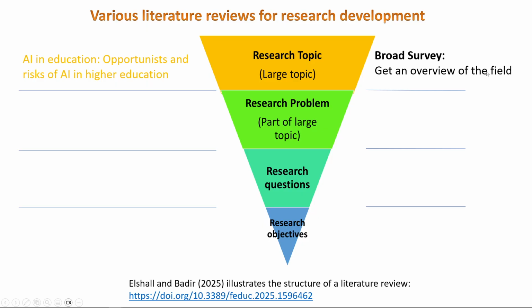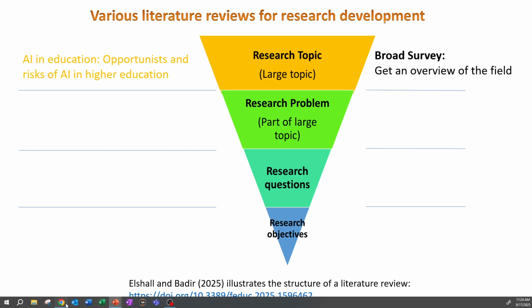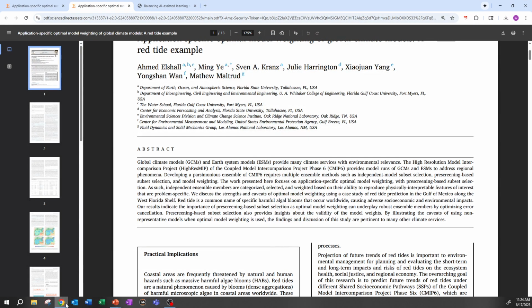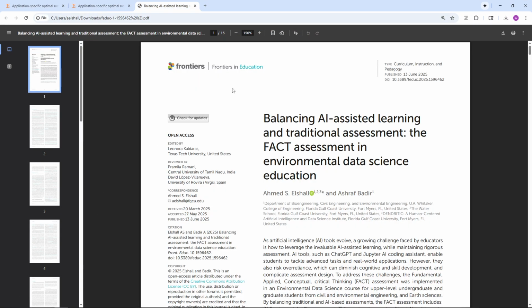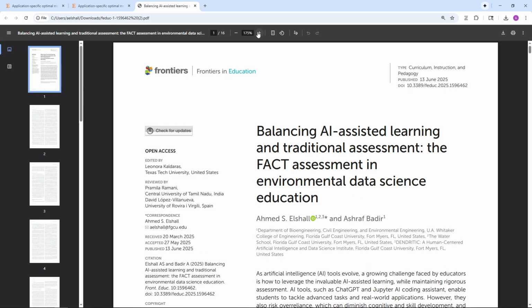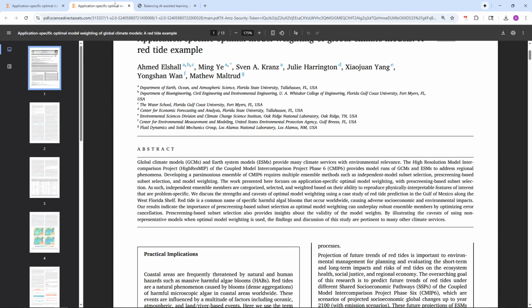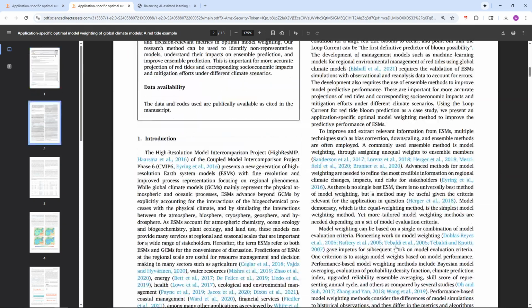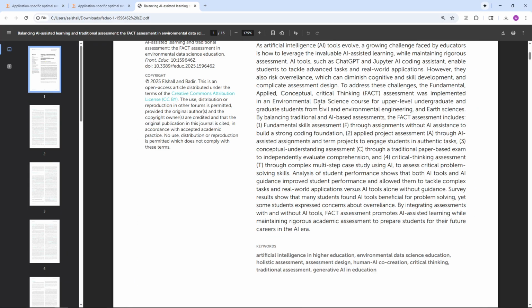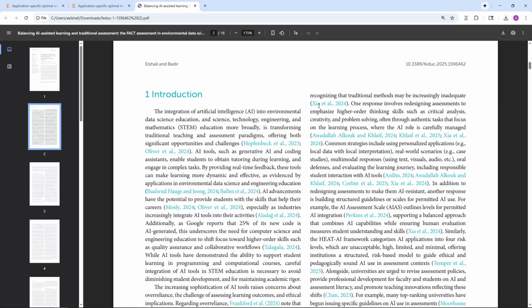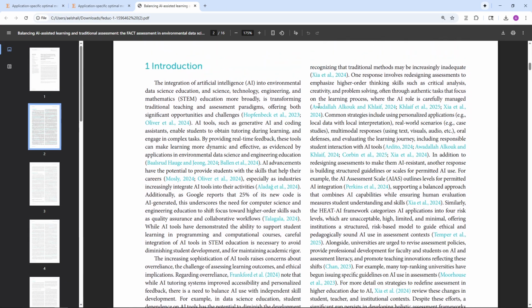So that would be a broad survey to see what the opportunities and risks of AI in higher education are. I highly recommend you read this because it is easy. The previous one is very technical and you might not understand everything, but this is an easy example. The important thing is to see the literature review part here.